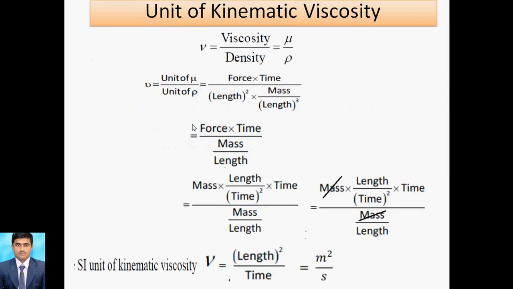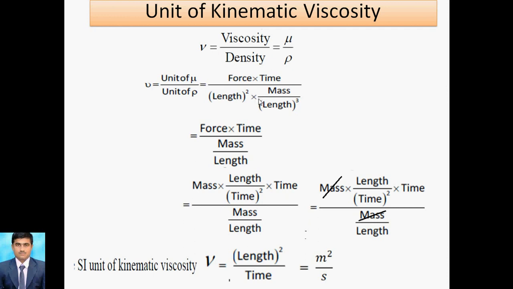Now next, we will discuss the unit of kinematic viscosity, how it comes to meter square per second. First of all, we write nu is equal to viscosity upon density, which is the relation between dynamic viscosity and kinematic viscosity, right? So nu we take as it is, then the unit of mu divided by the unit of rho. Here mu is the dynamic viscosity, so what is its unit?